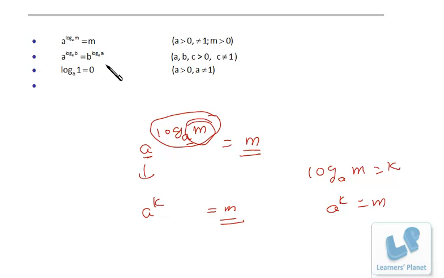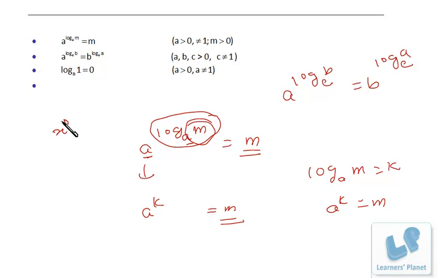Okay. Similarly, a raised to log b to the base e will be b raised to log a to the base e, right? So this you have to keep in your mind. And here log 1 to any base is 0, right? So log 1 will always be 0 irrespective of the value of the base. Okay. And why is it happening?